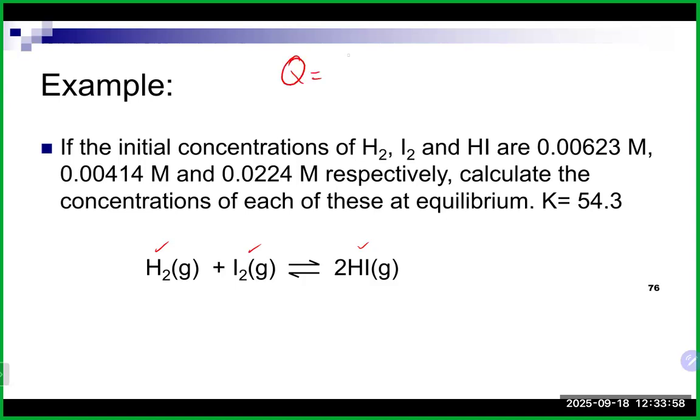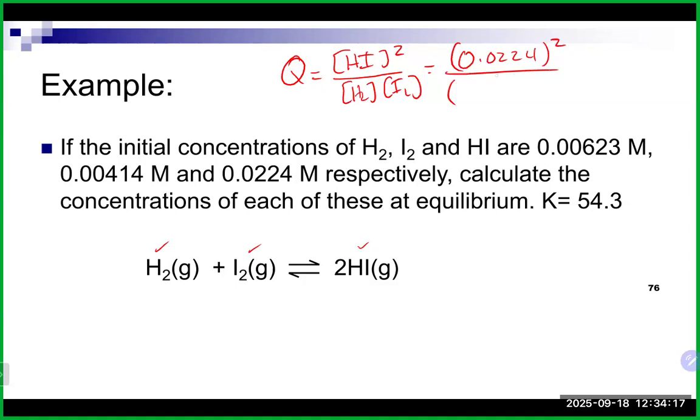Q is calculated the exact same way as K. We'll take HI squared over H2 and I2, and put in our concentrations: 0.0224 squared divided by 0.00623 and divided by 0.00414. That gets us about 19.4 as our Q value.